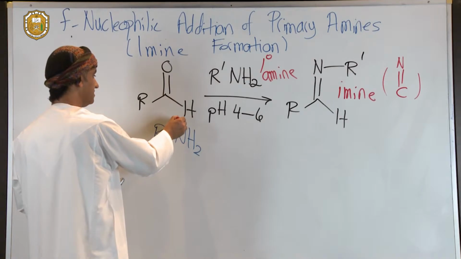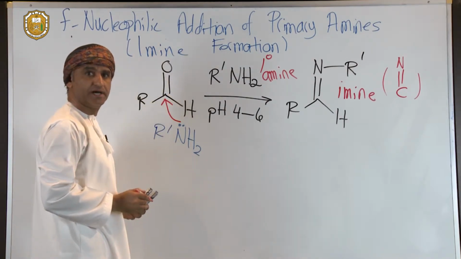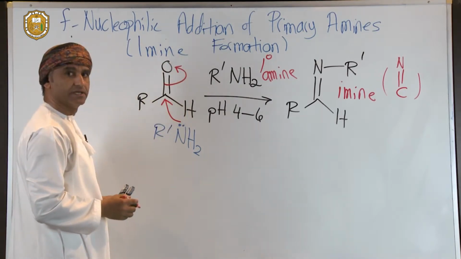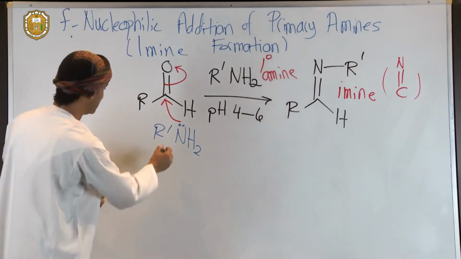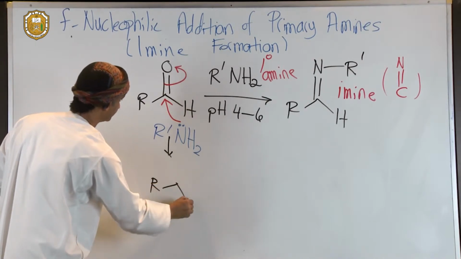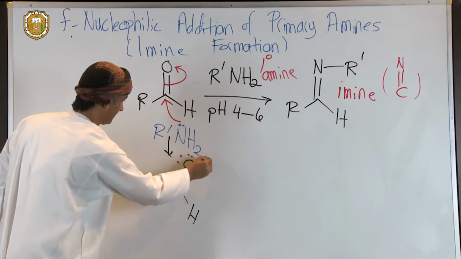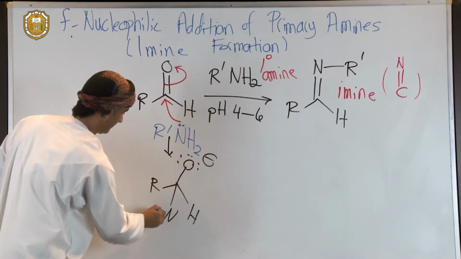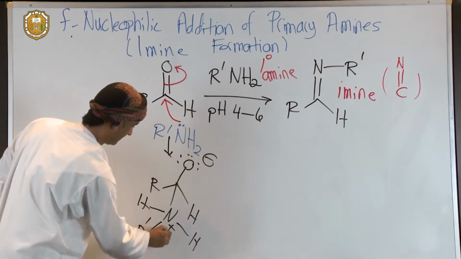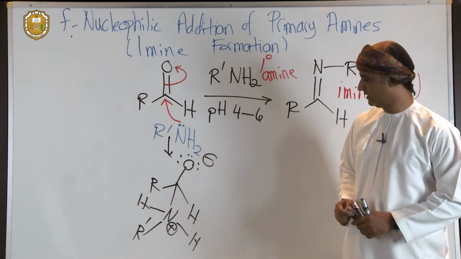So the nitrogen, which has a lone pair, attacks the carbon of the aldehyde or the ketone in a nucleophilic addition step to give this nucleophilic addition product. There is obviously a positive charge now on nitrogen.